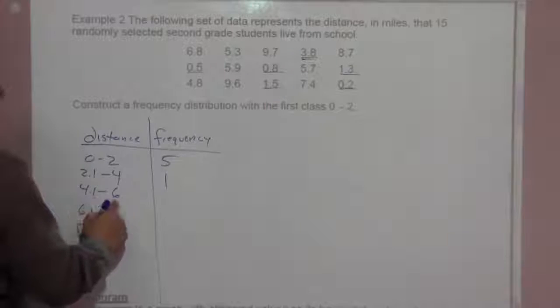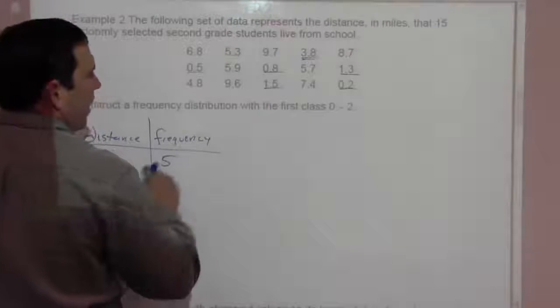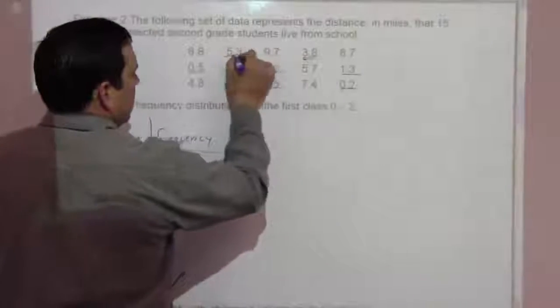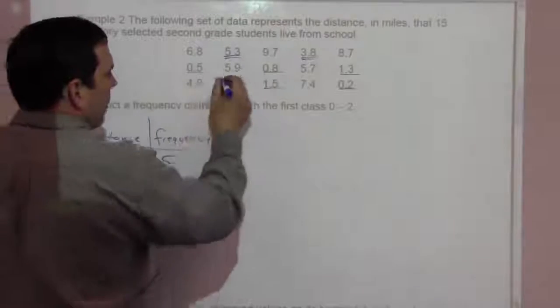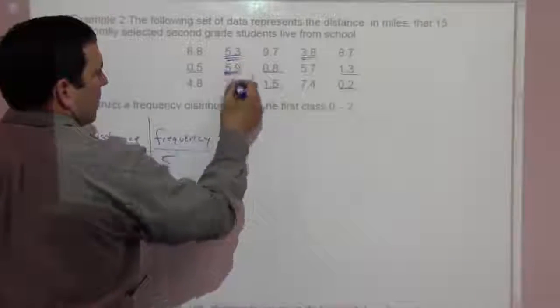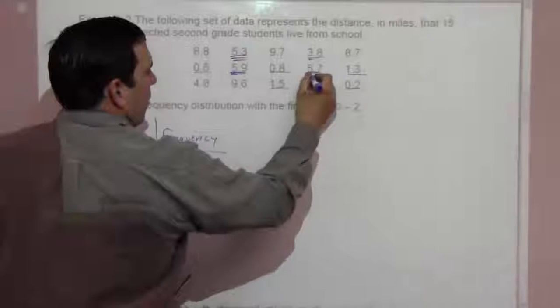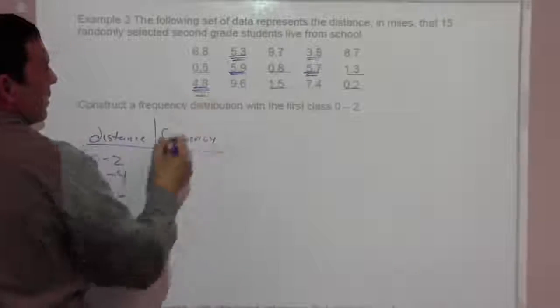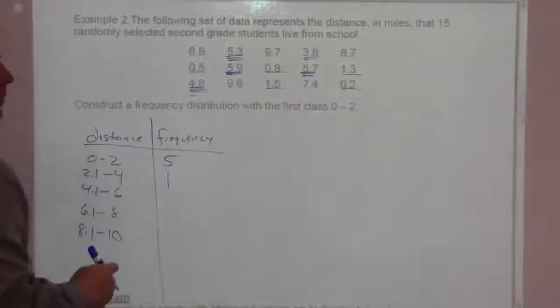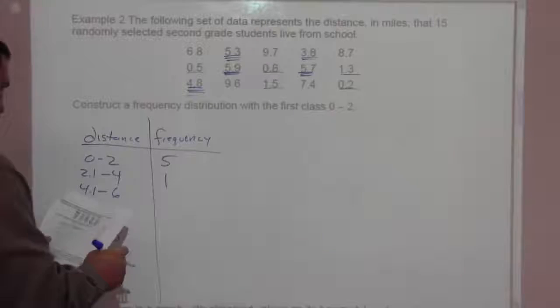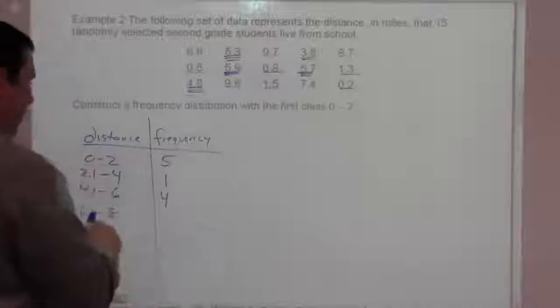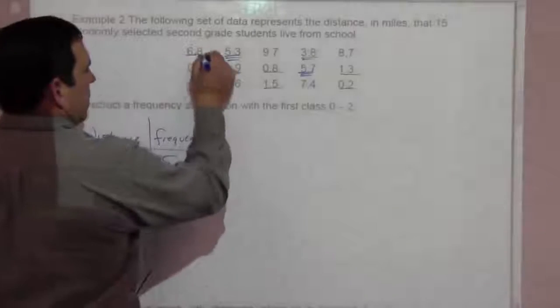How about 4.1 to 6 miles away? Okay. This is 4.1 to 6, 4.1 to 6, 4.1 to 6 and 4.1 to 6. Looks like we have 4 people in that category. How about 6.1 to 8?